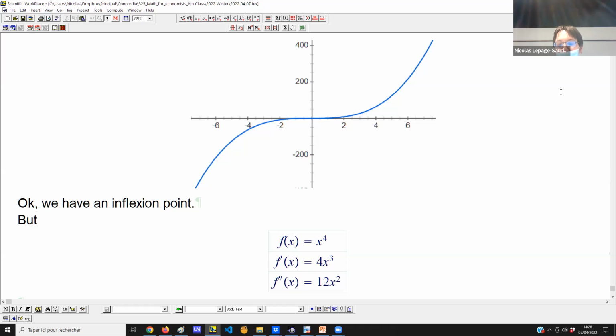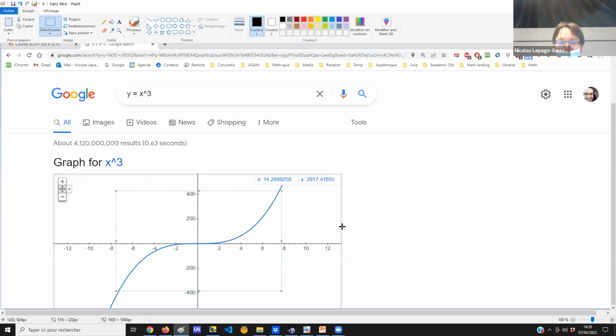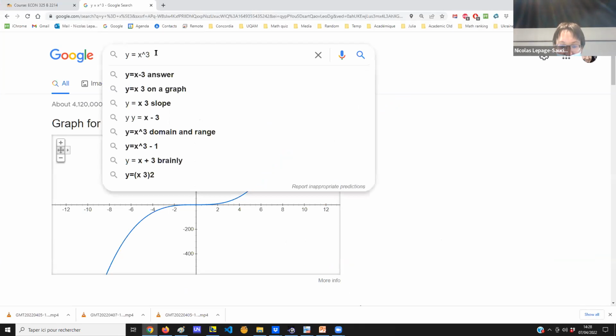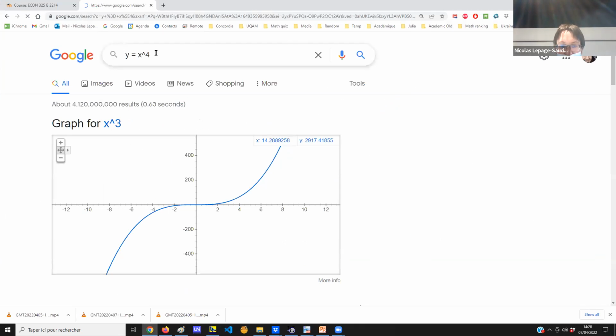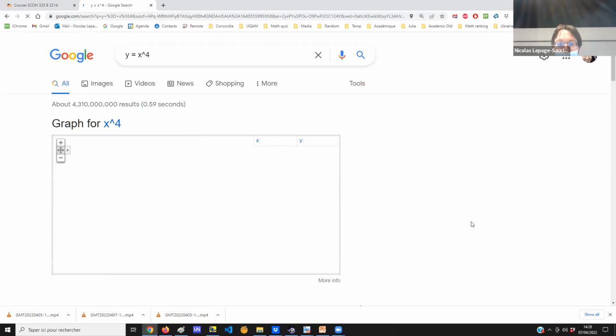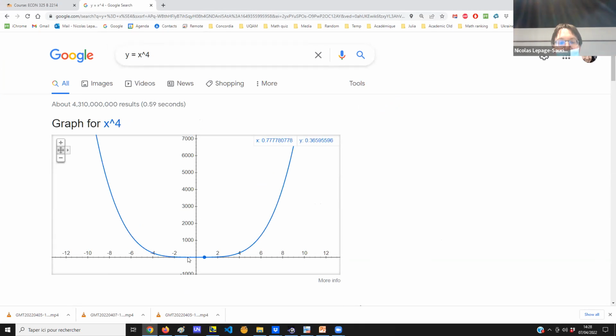So what's the second derivative at 0? Well, it's 0. Should we conclude that we have an inflection point? No. Because here it turns out it's a minimum.